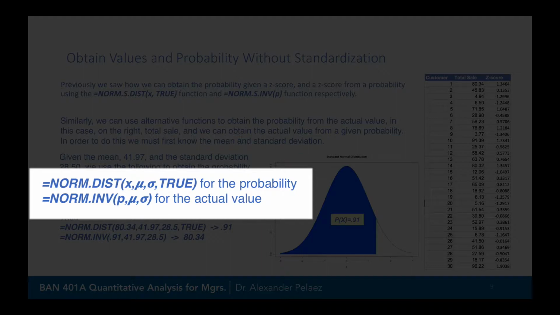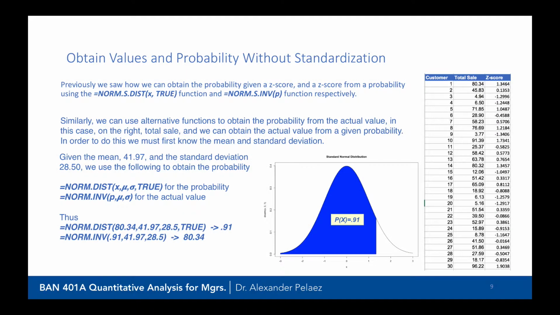That TRUE basically says, give us the cumulative probability. When it does that, it gives us the cumulative probability of 0.91. We can invert the procedure as well by using NORM.INV to get the 0.91 area under the curve, given a mean of 41.97 and a standard deviation of 28.5, and you can see that it will return 80.34.